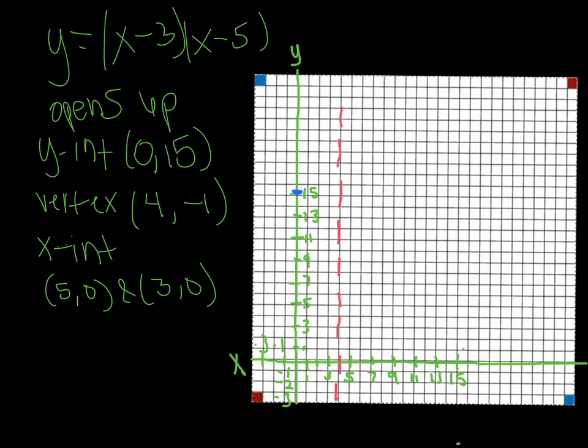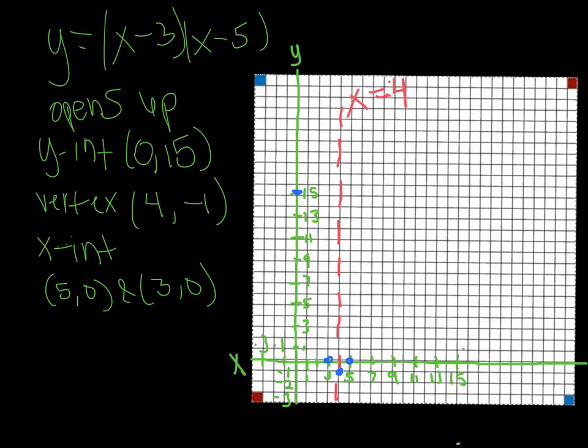Here we have our axis of symmetry at x equals 4. Okay, let's plot our next point, which is our vertex at 4, negative 1, which would be right here at x equals 4 and y is negative 1. And then we have our x-intercepts at 3, 0 and 5, 0.